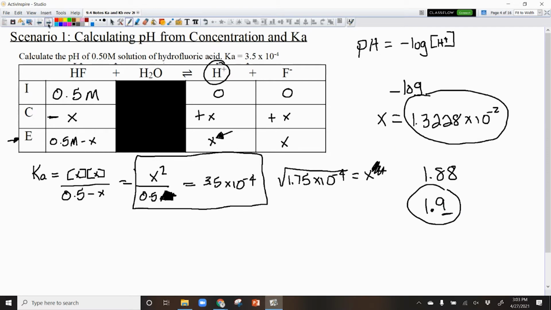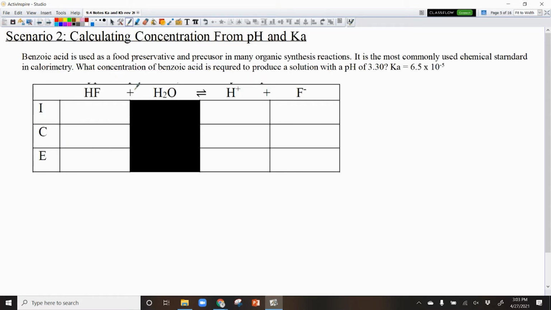Now let's look at scenario 2. Scenario 2, we have pH and Ka. So we're going to calculate the concentration from pH and Ka. All right, so here, right here is what we need. Let's call this M because it's a concentration. That's what we're shooting for. Now we have our pH.